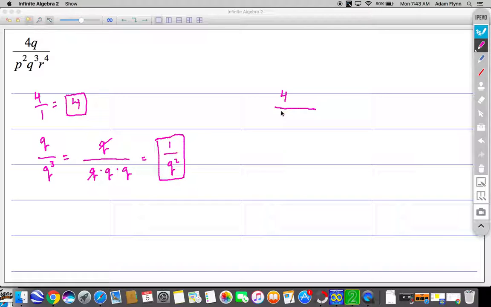I'll take this q squared and put it in the denominator. Looking at my original problem, I've taken care of my numbers and my q's. I've only got this one term that has a base of p and this one term that has a base of r, so they're just going to stay in the denominator. So we've got q squared, p squared, r to the fourth.